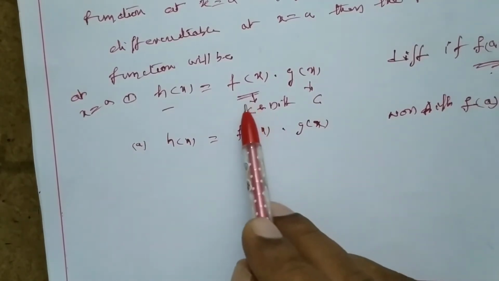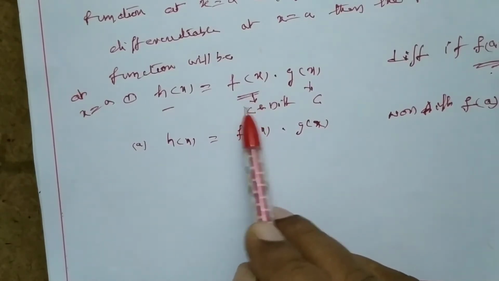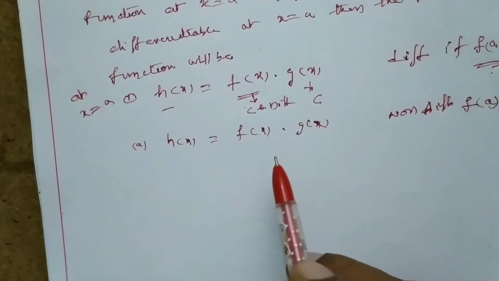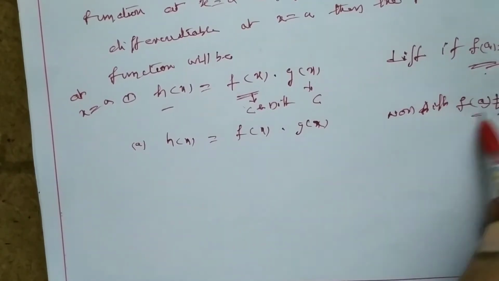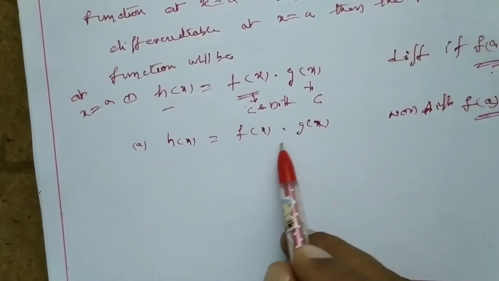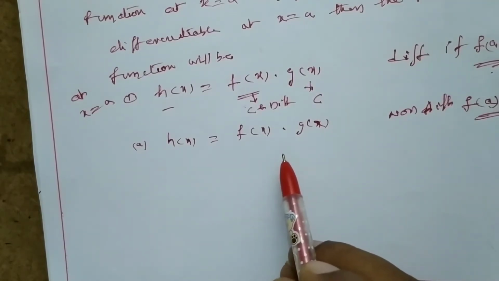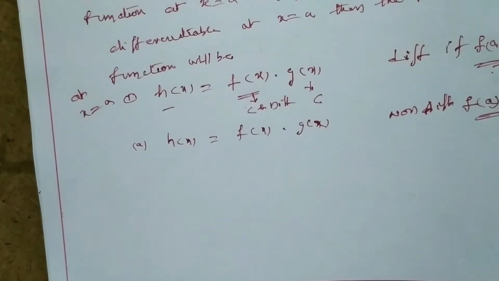Whatever the function which is continuous and differentiable, if it is 0, then the product function will be differentiable, and if f of a is not equal to 0, then the product function will be a non-differentiable function.